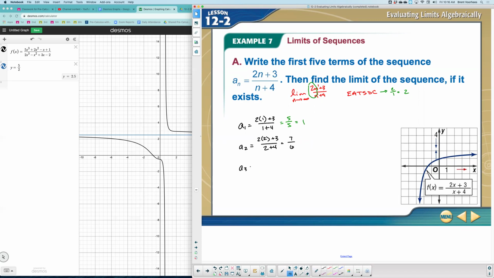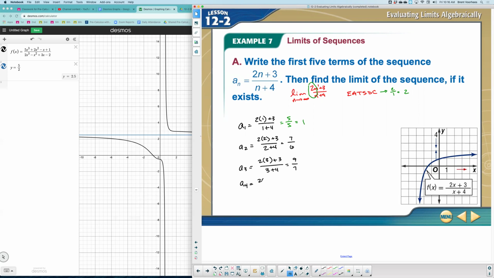All right, the third term would be 2 times 3. Since n is now 3, plus 3, that's 6 plus 3 is 9 over 3 plus 4. So like I said, 2 times 3 is 6 plus 3 is 9. 3 plus 4 is 7. Okay, we got 2 more terms to find.